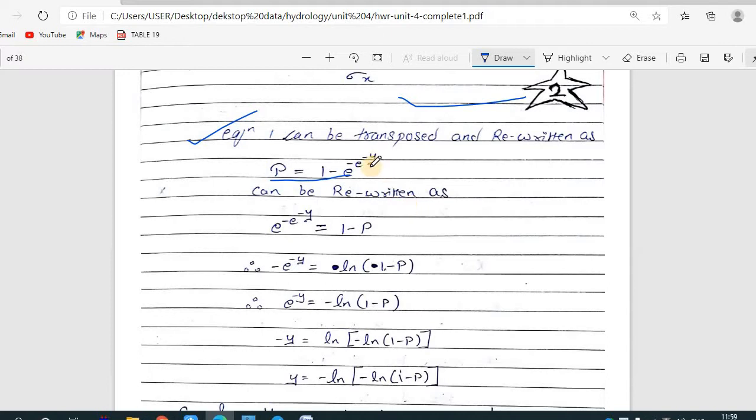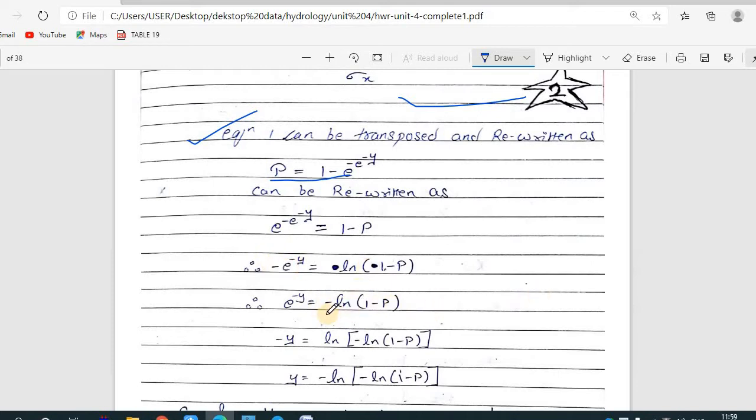After rewriting, we take the exponential term on the left-hand side so it becomes positive, and P on the right-hand side becomes minus. To eliminate the e, we take the ln of this value, ln of (1 minus P), so e to the power minus y equals the minus sign given to this value.